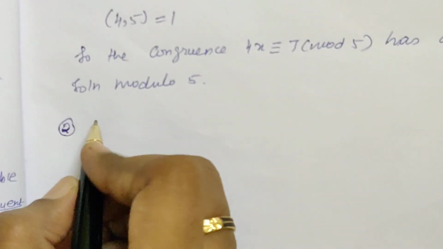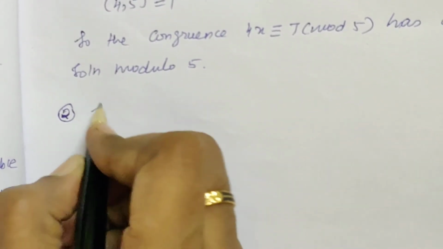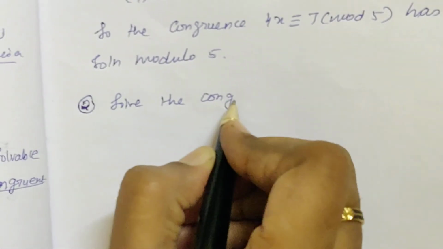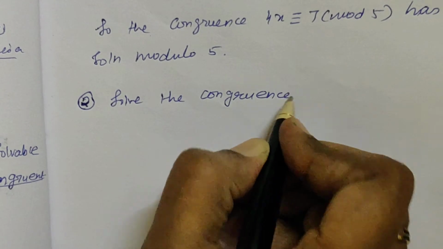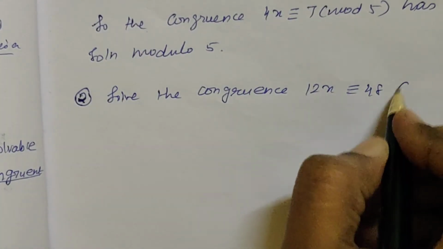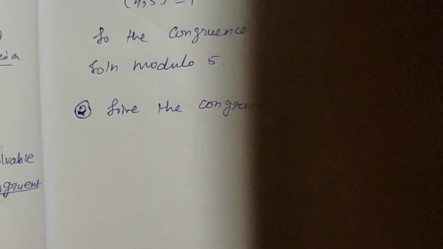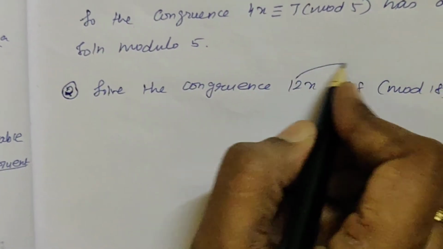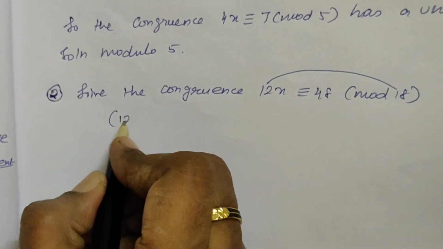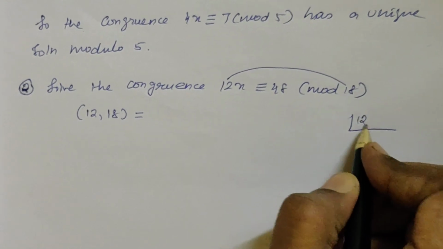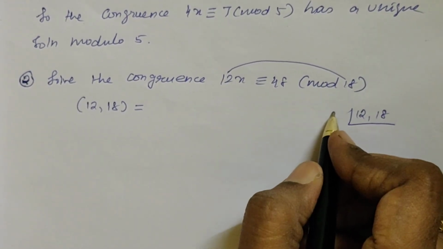Next problem is solve the congruence 12x ≡ 48 mod 18. For that first find out the gcd value of 12 and 18.